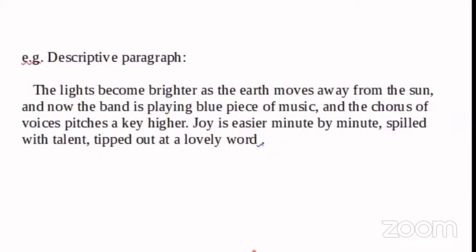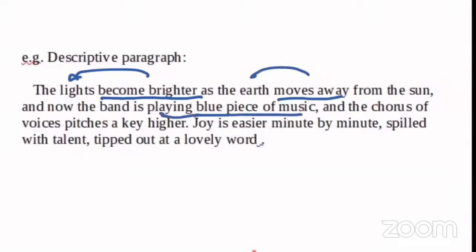So here we got a description. We are using adjectives, for example, in this part, "brighter." For example, it gives the how or where something is moving. Then we have what the band's playing, a piece of music.